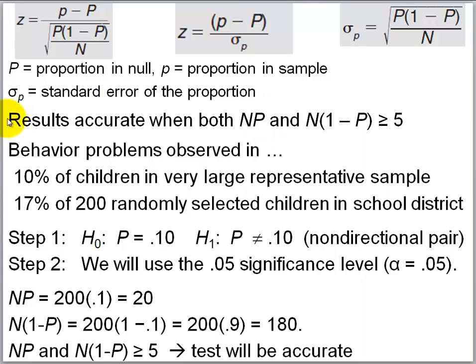Recall that for the large sample test of the mean and for the different t-tests, there were sample size guidelines that needed to be met for the test results to be sufficiently accurate. Well, for the one-sample test of a proportion, results will be sufficiently accurate when both sample size times the proportion stated in the null, and also sample size times 1 minus that proportion, are both greater than or equal to 5.